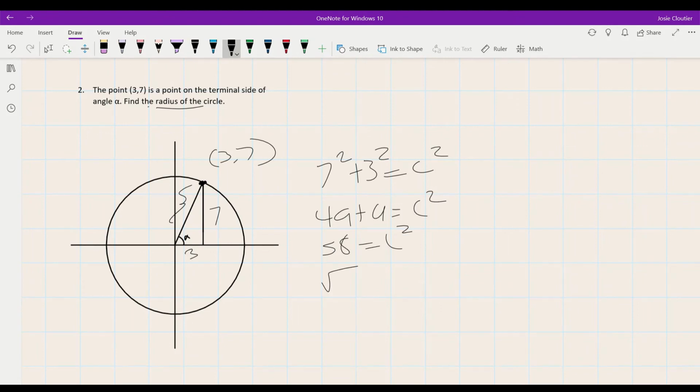Square root of 58 equals c. C equals square root of 58.